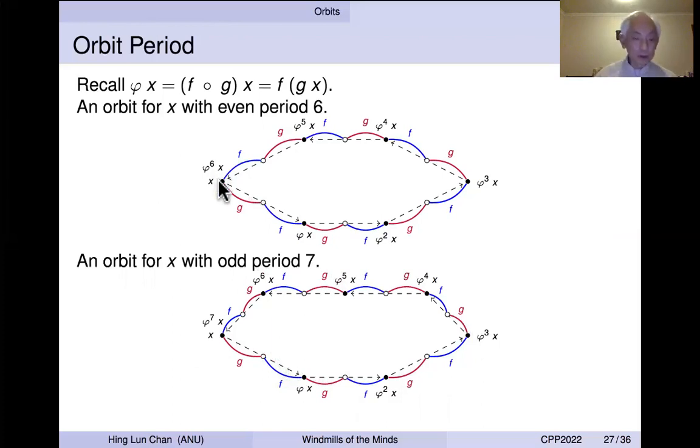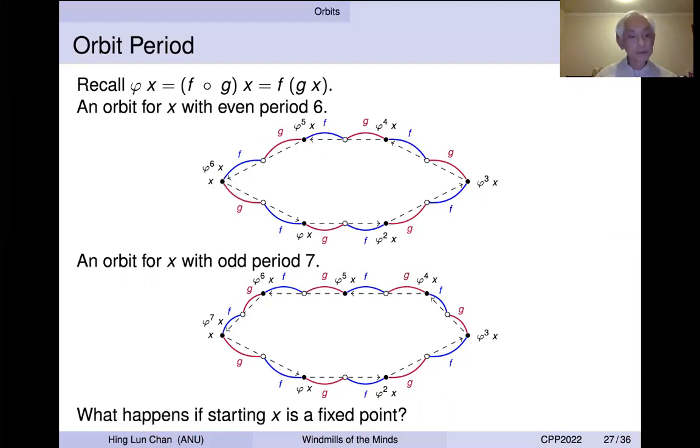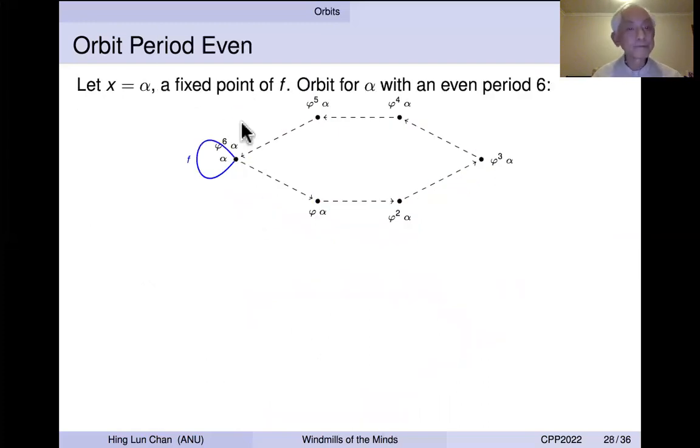And what we are going to do is to get some special properties for the starting point. What happens when the starting point is a fixed point of either f or g? Let alpha be a fixed point of f, all right?